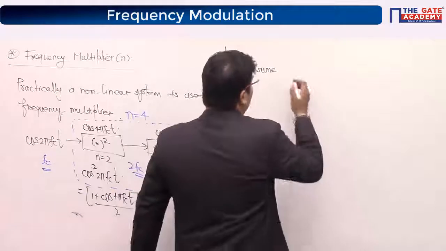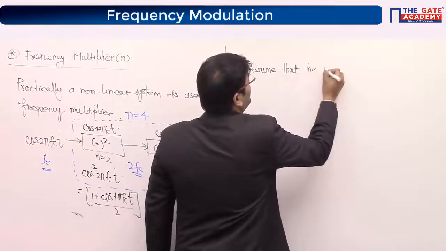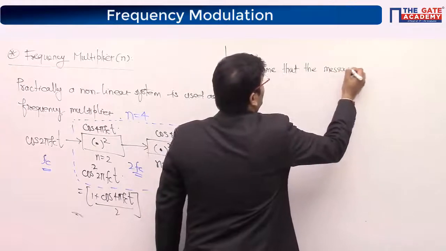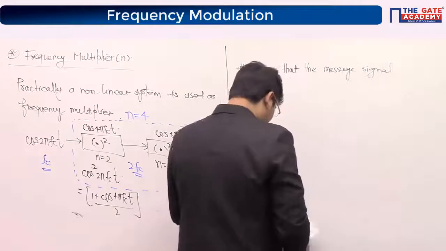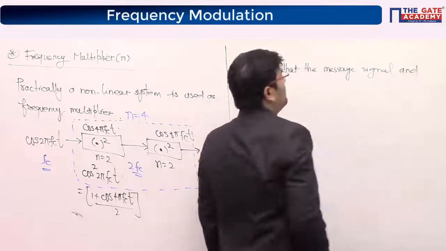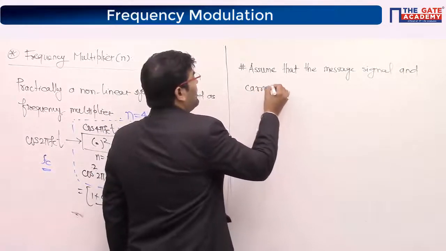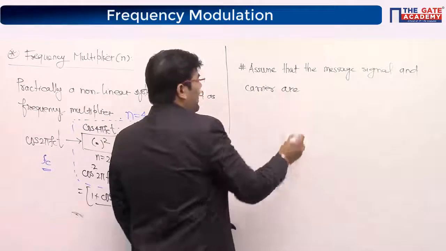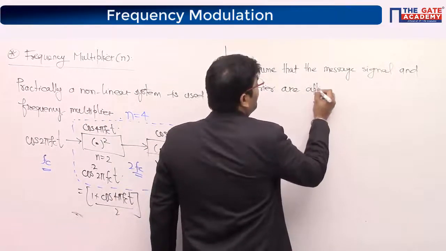Don't be idle. Assume that the message signal and carrier are applied to a narrowband FM modulator.